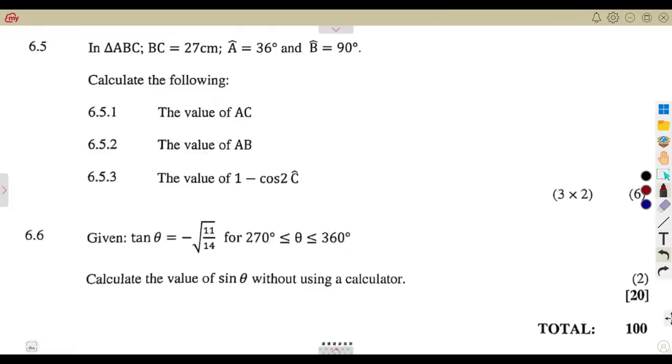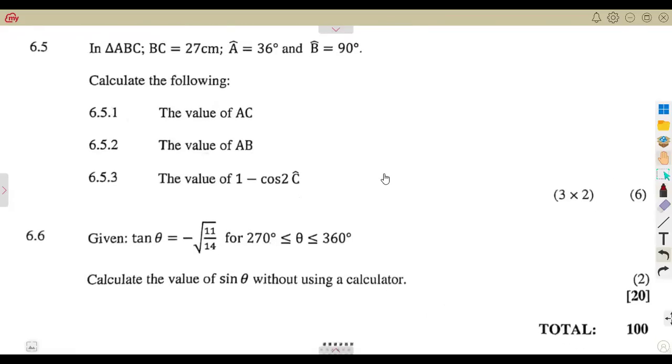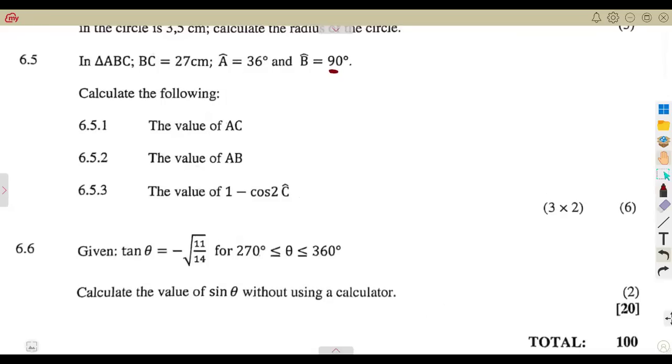6.5 we are now given. In triangle ABC, there's a 90 degrees there. We are given BC and an angle, so it's a right angle triangle since there's a 90 degrees there. So you can just have a sketch. And the right angle is at what?